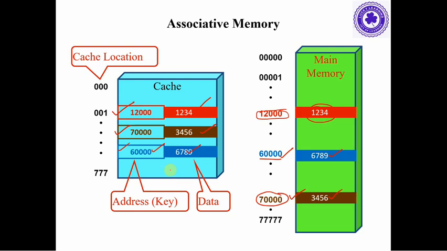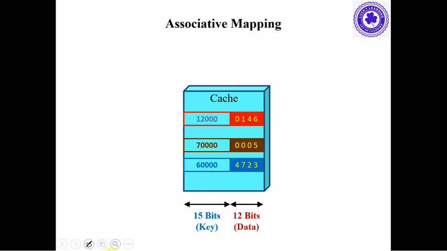So that whenever the CPU requires one of these words, it searches based on that address. If the address is matched, then the corresponding word is read from the cache. It means the cache stores address plus data.